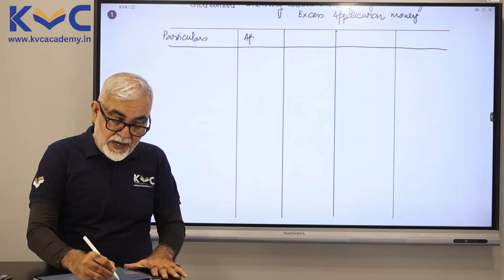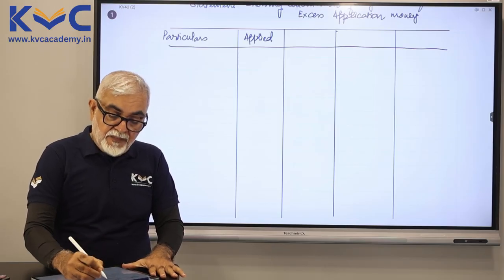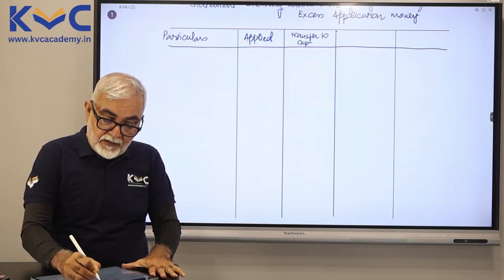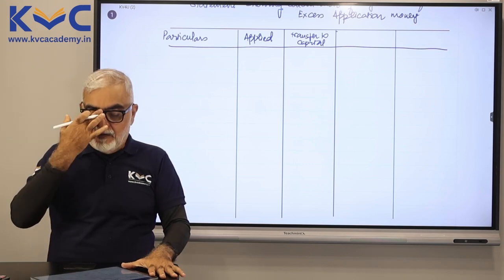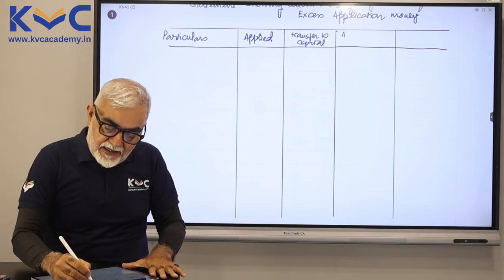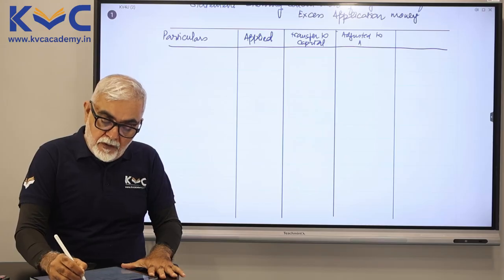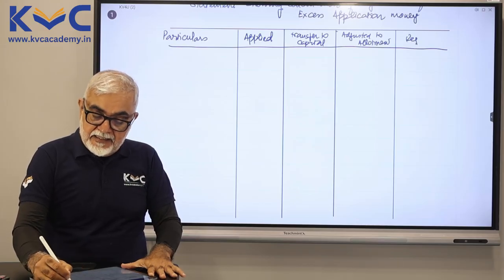This is applied. This is transfer to share capital. This is adjusted to allotment, and this is refunded.